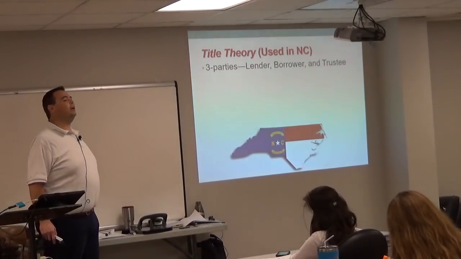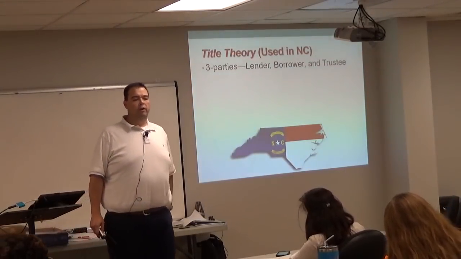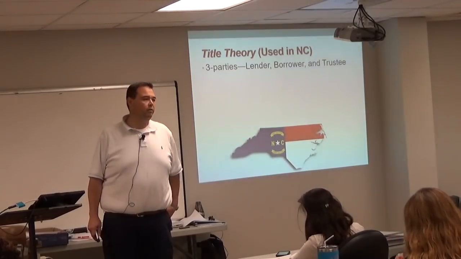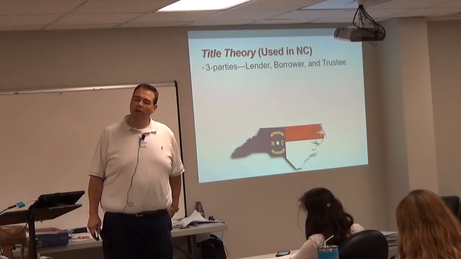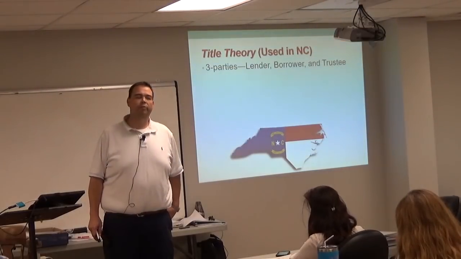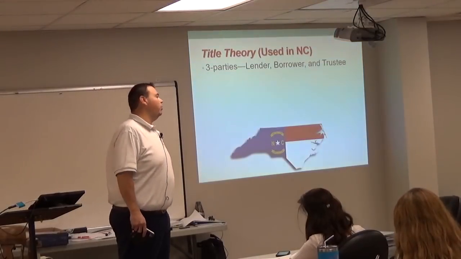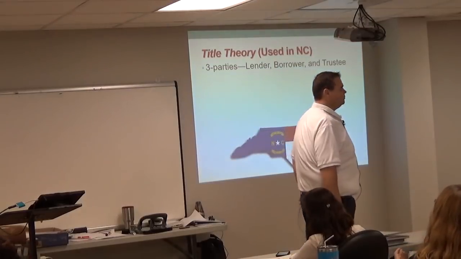In North Carolina, we have a three-party system of mortgage loans, of lending for mortgages. Not two parties, but how many? Three. Well, you still obviously have to have the lender and the borrower. But we've introduced this third party.